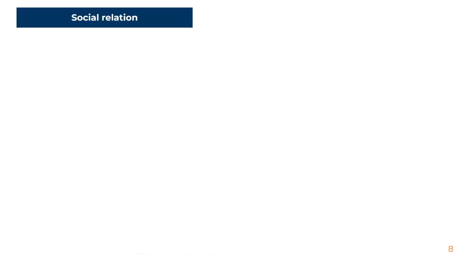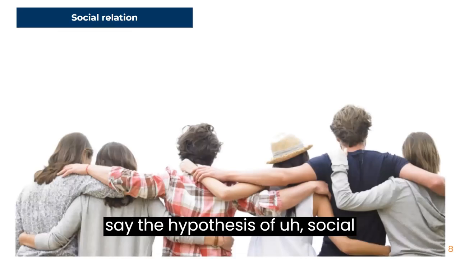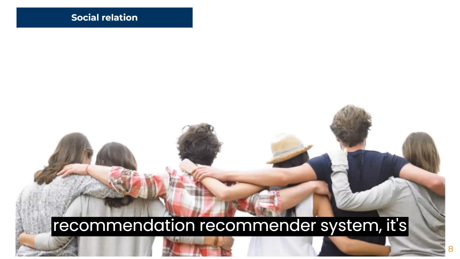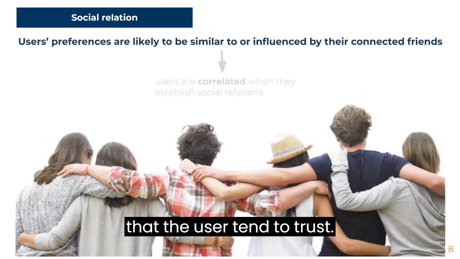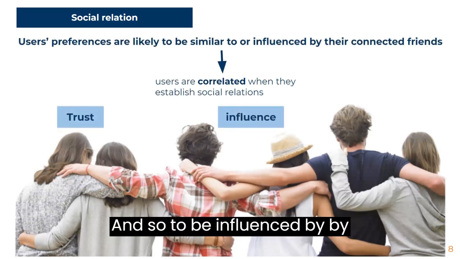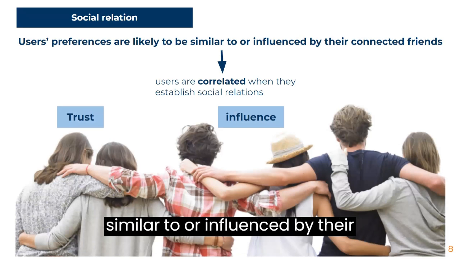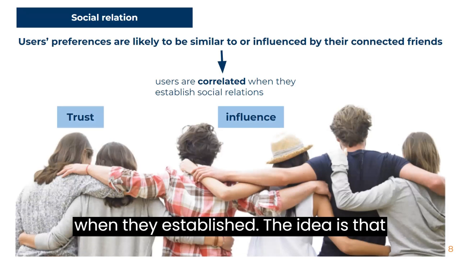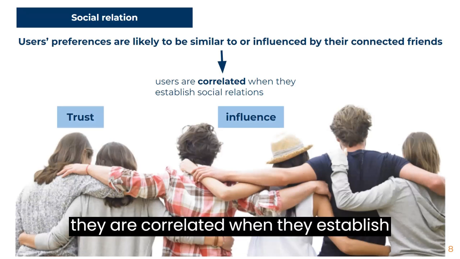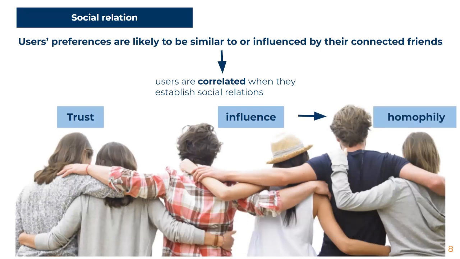The hypothesis of the social recommender system is based on the idea that users tend to trust and be influenced by their connections, their friends. So user preferences are likely to be similar to or influenced by their connected friends. They are correlated when they establish a social relation, and in psychology this is known as homophily.